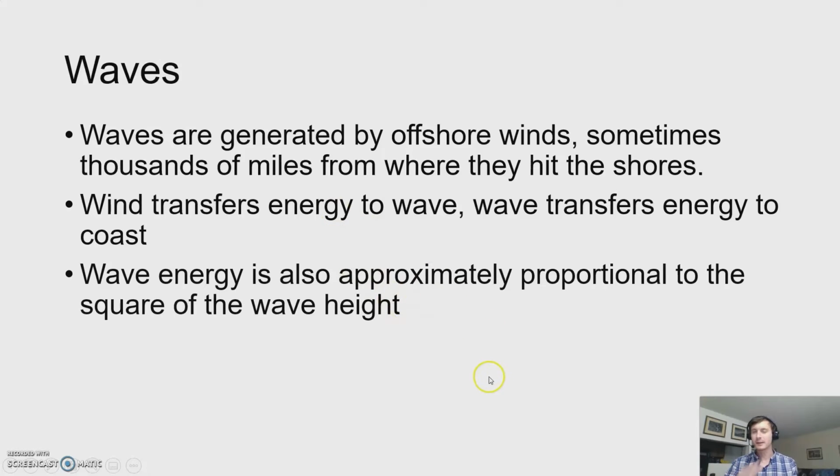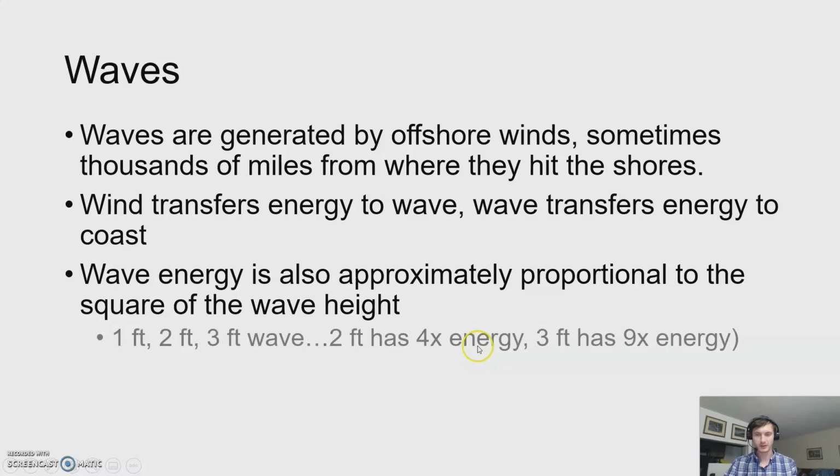Now, the energy of the wave is about proportional to the square of the wave height. So, as an example, we have a 1 foot wave, give that 1 unit of energy. A 2 foot wave is going to have 4 times as much energy, and a 3 foot wave is going to have 9 times as much energy.